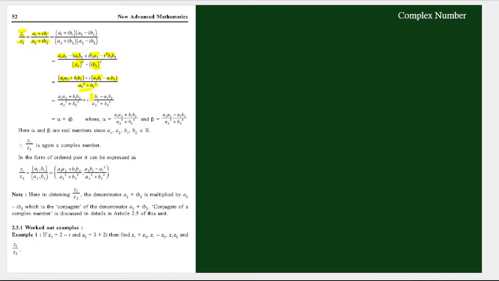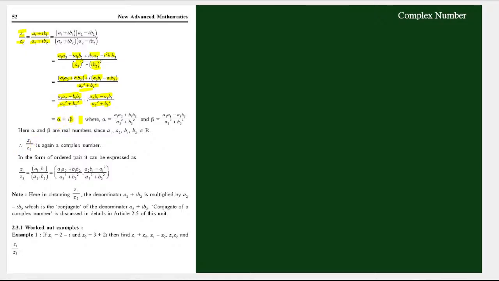ठीक है. Now we break them into two parts because here we have got plus in the middle. So the real part is A1 A2 plus B1 B2 by A2 square plus B2 square, plus i, A2 B1 minus A1 B2, ठीक है, ऊपर वाला, and the नीचे A2 square plus B2 square. अब इनको हम क्या लिखेंगे? This is your alpha. This is also again in the complex number form, है ना?